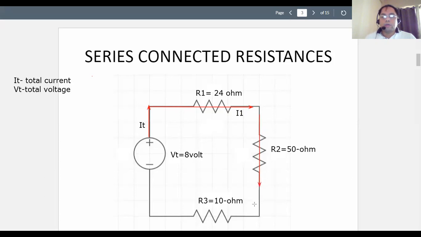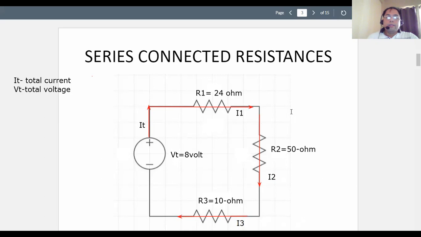Then as it comes out of resistance 2, that current will enter resistance 3, and as it goes out, it will go back to the battery. If I1 is the current that passes resistance 1, we will call I2 the current that passes resistance 2. And the last current, we will call I sub 3, the current passing through resistance 3.